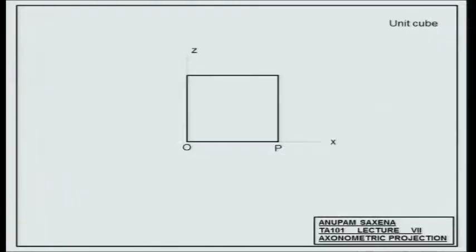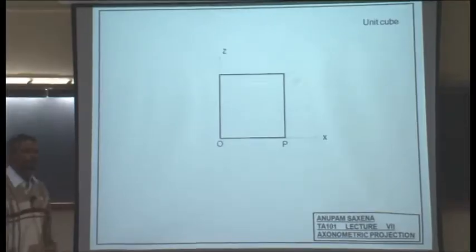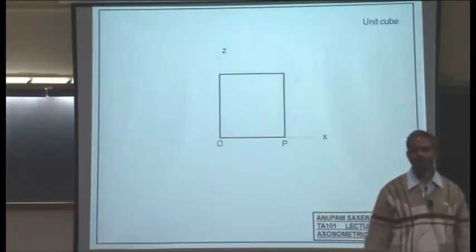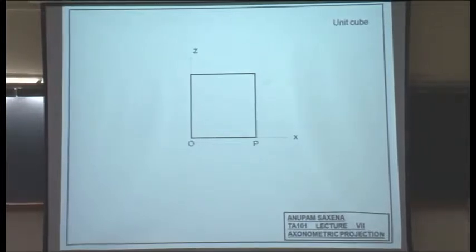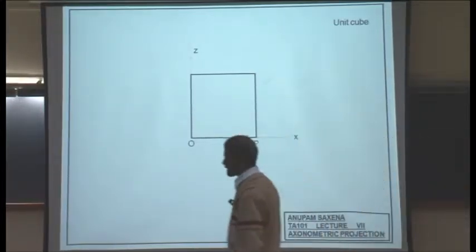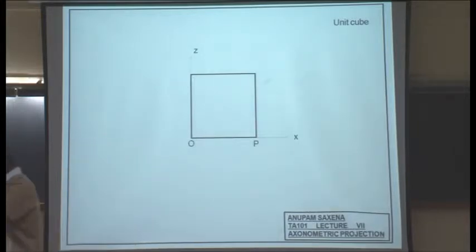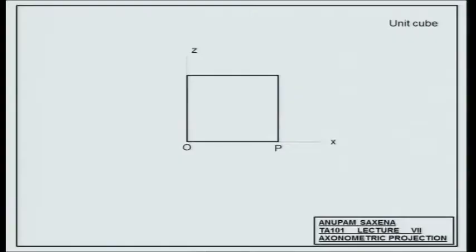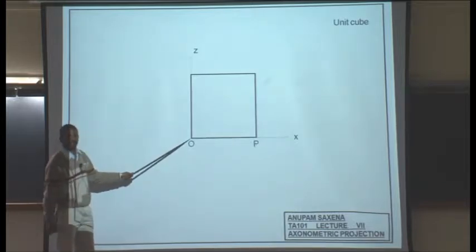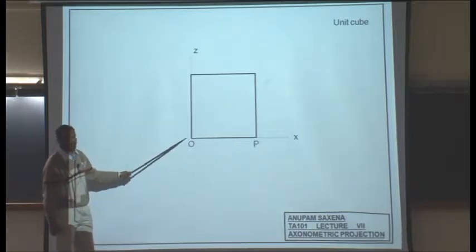Okay. So, we will try to learn the math behind this. Let us say we have a unit cube. How many edges? Cube, 12, lengths, all of them 1. Okay. What you see is the vertical plane of this cube, and let us call that plane the xz plane. One of the vertices of the cube is at the origin of the axis.